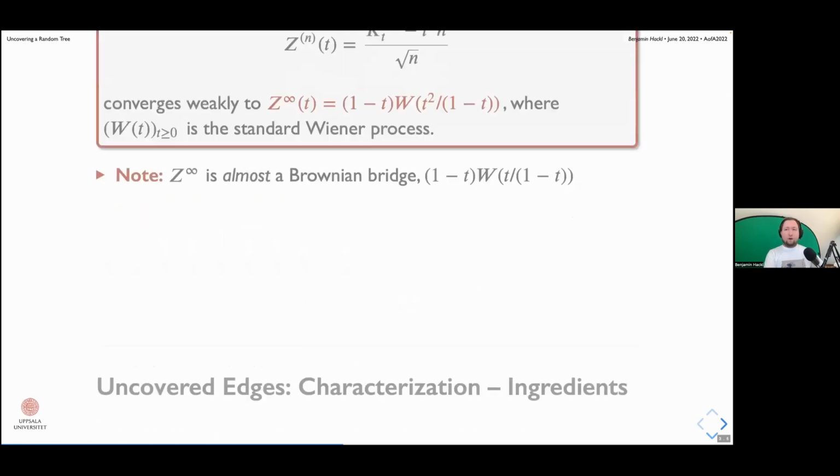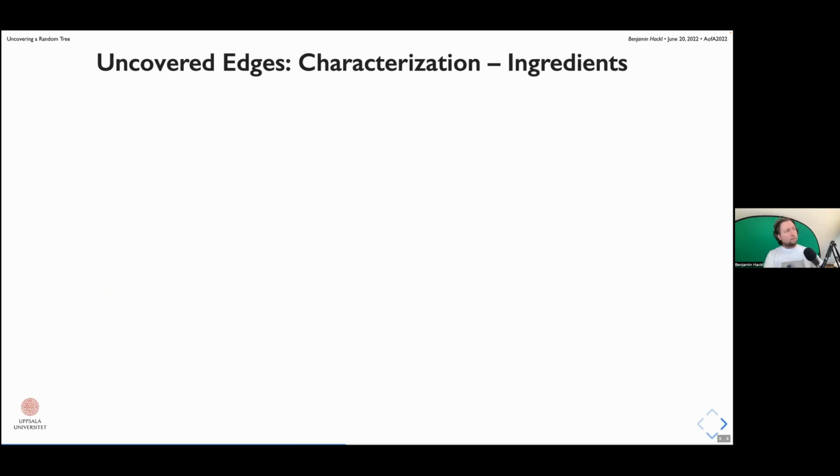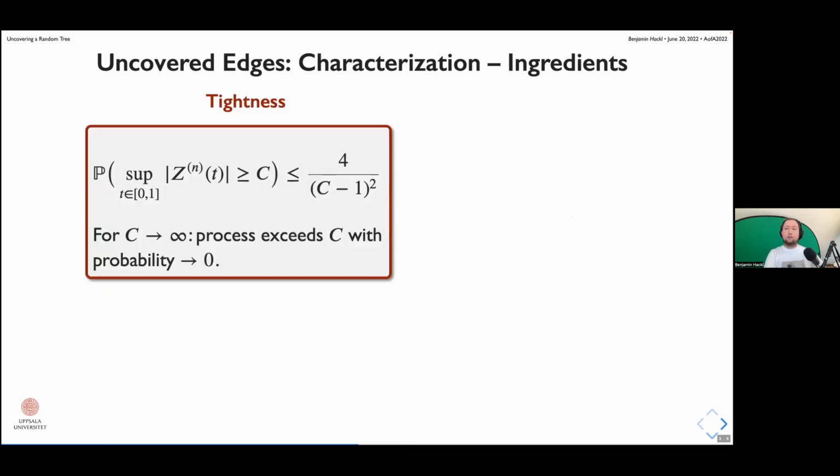Some words on how we can get this. There are two ingredients. So we go the route where we show that the process is sufficiently tight. We have tightness, meaning that there's a uniform bound over n that shows that the process will not exceed a certain bound with high probability.